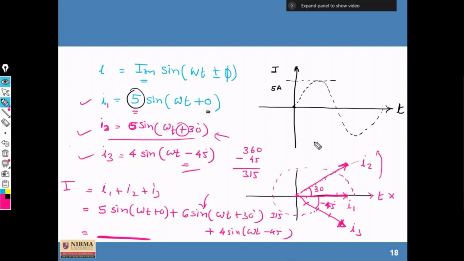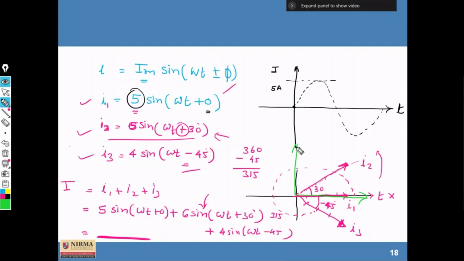Clear? So all the different quantities that we can represent with an angle, if the equations are given, we can draw those vectors and find the resultant vectors also. Now we can resolve all these vectors I1, I2 and I3 either on the x-axis or on the y-axis.